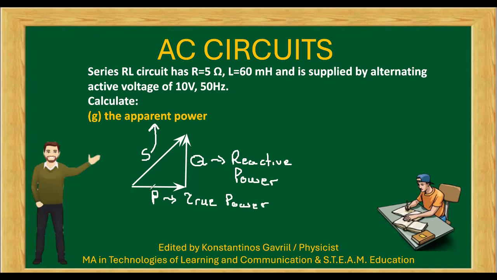So we need to have as little reactive power as we can get. We use some techniques in order to decrease the value of Q and have more true power. So the apparent power, as we can see here, S equals the square root of P squared plus Q squared.